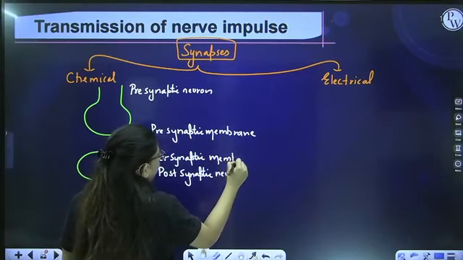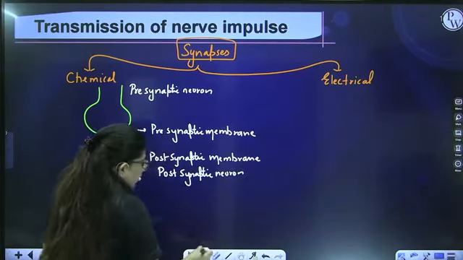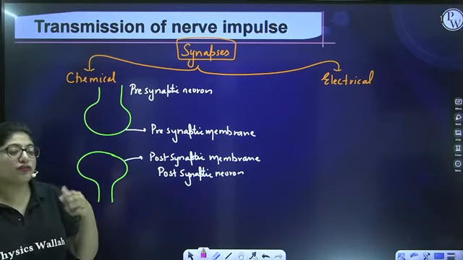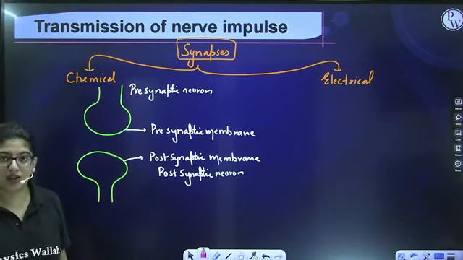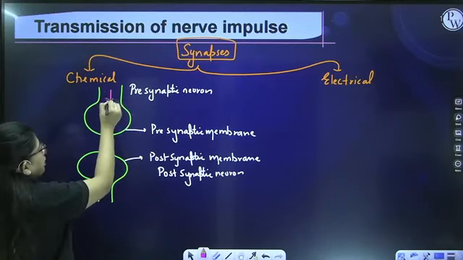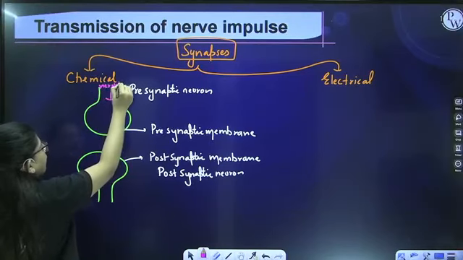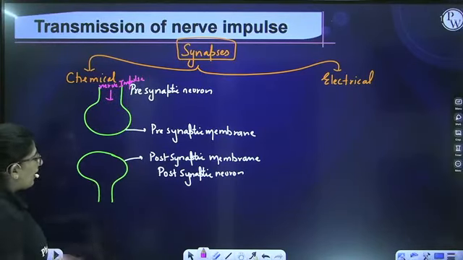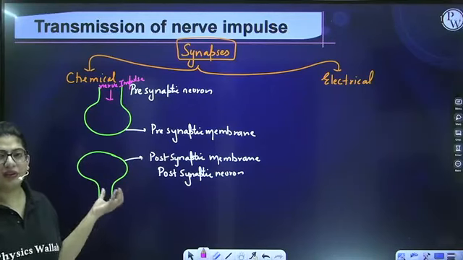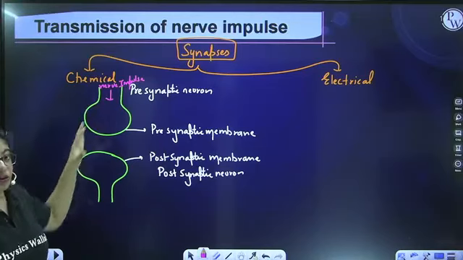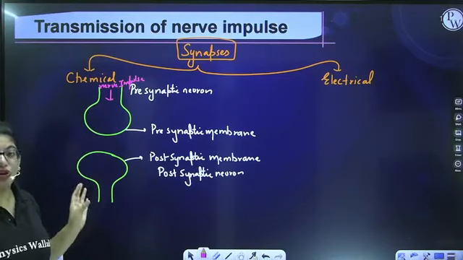Now, the first neuron has a nerve impulse that rises to this position in the form of waves of depolarization and repolarization. Imagine the nerve impulse has entered here, and we need to excite or inhibit this one, or we can say we have to send the information from the presynaptic to the postsynaptic neuron.